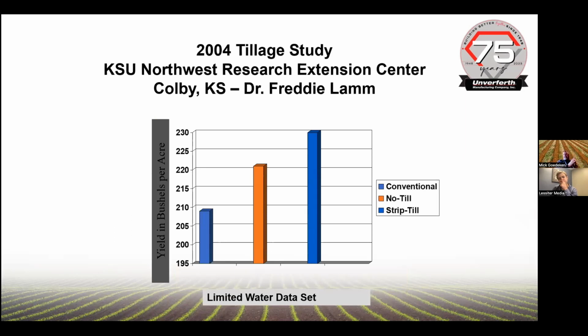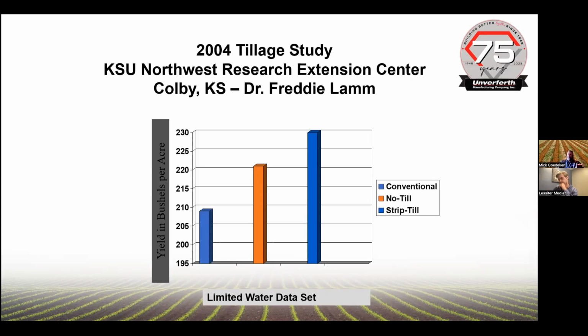Colby, Kansas, Freddie Lamb did a trial in '04. That was a fairly dry year for them. Conventional till versus no-till versus strip till. And this kind of goes back to your long-term no-till question, is yes, we can take on more water with no-till.